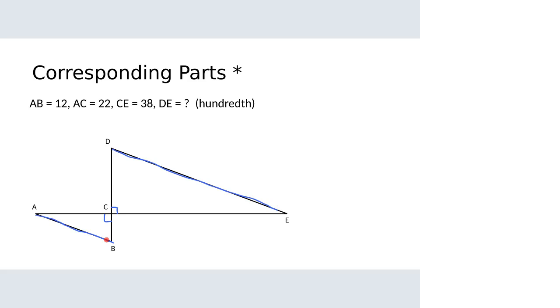Those two hypotenuses are going to be corresponding parts. Oh, okay. And then now you may be able to look at this and say, if I were to reflect triangle CDE across this horizontal line, it would go down on the bottom and then I could see how it corresponds really nicely. Maybe you do that, maybe you don't.